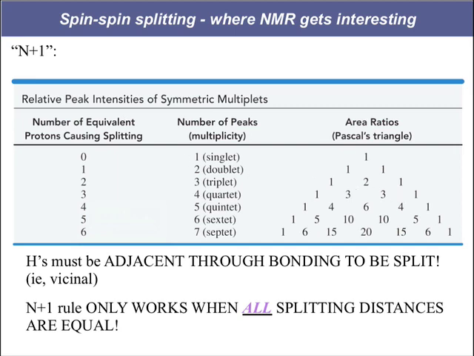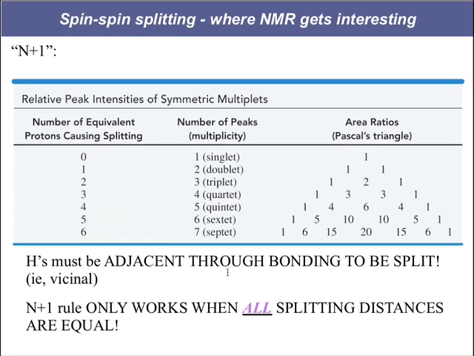So we call this the n plus 1 rule, because if it's next to n neighbors, it will split into n plus 1 peaks. 0 neighbors is a singlet, 1 neighbor is a doublet, 2 neighbors a triplet, 3 neighbors a quartet, etc. Hydrogens must be adjacent through bonding to split, meaning they have to be vicinal. They have to be on neighboring carbons. If they are farther than that, if they are separated by an atom or 2, they will not split. They have to be neighbors in order to split.